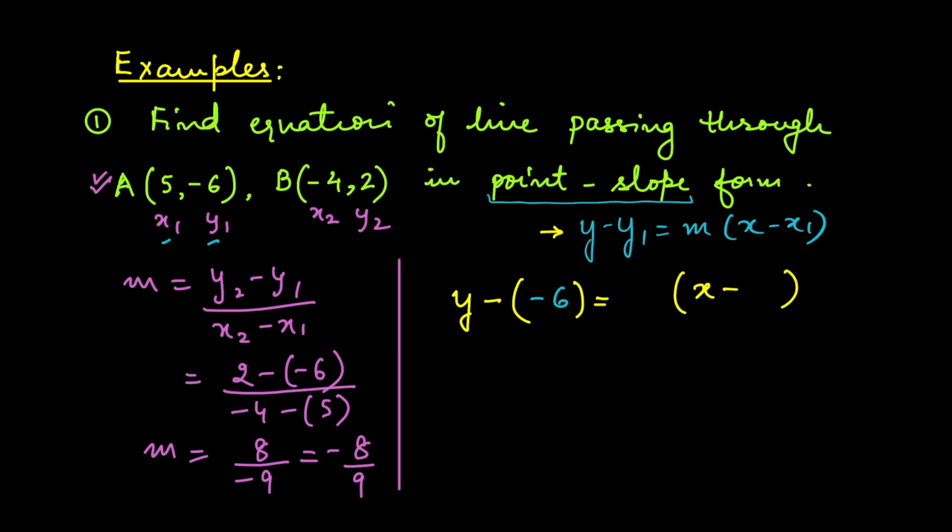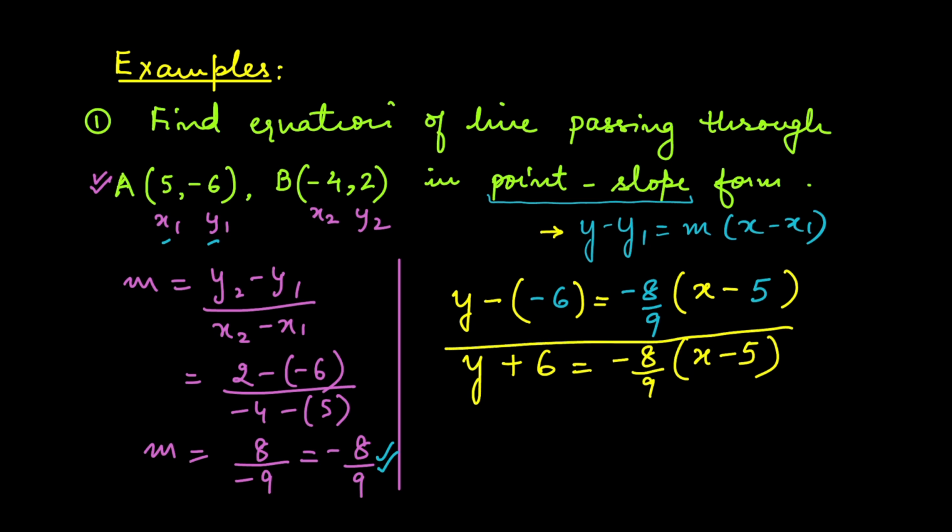So it is minus 6 and x1 is 5, and the slope value is minus 8 over 9. So this will now be written as y, minus and minus becomes plus, so y plus 6 equals minus 8 over 9 times x minus 5. So this is the answer for it.